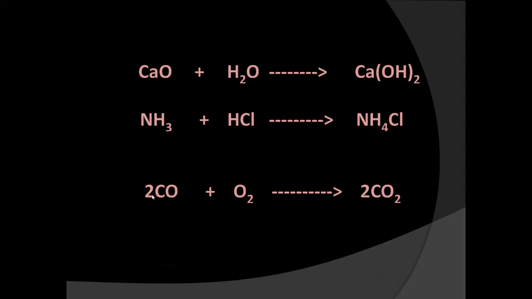Take one more example. Carbon monoxide. This is a compound. So this compound reacts with oxygen, O2, and gives rise to carbon dioxide. The product is single. Again one more example. Sulfur dioxide reacts with oxygen. 2 reactants combine and give rise to a single product, sulfur trioxide.